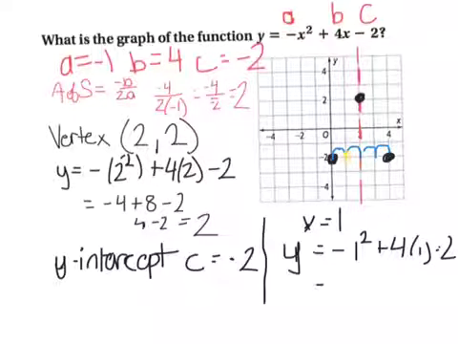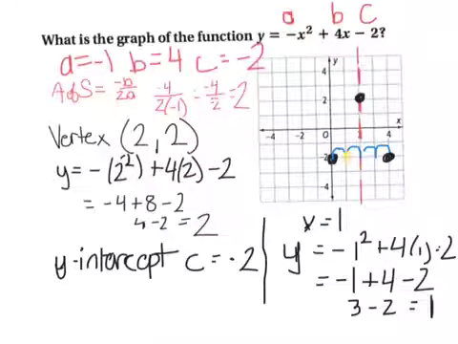Which gives me negative 1, because 1 times 1 is 1, plus 4 minus 2. And when I solve that, I get 3 minus 2, which is 1. So I have a point at 1, 1. On my graph, 1, 1 is right here.